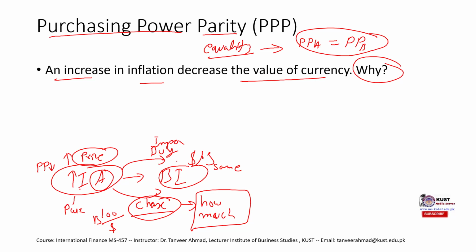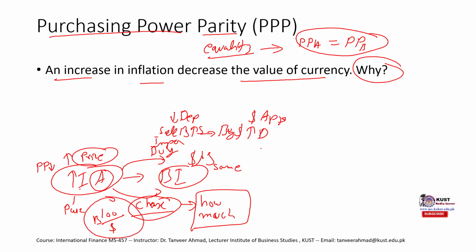Once they start to buy these products, they would obviously sell rupees and buy dollars. Hence, the demand for dollars would increase and the supply of rupees would also increase. So the rupee would depreciate and the dollar would appreciate. Previously, if the exchange rate was 100 rupees per dollar, now it might become 150 rupees per dollar.